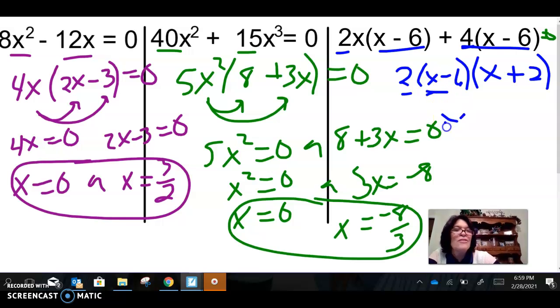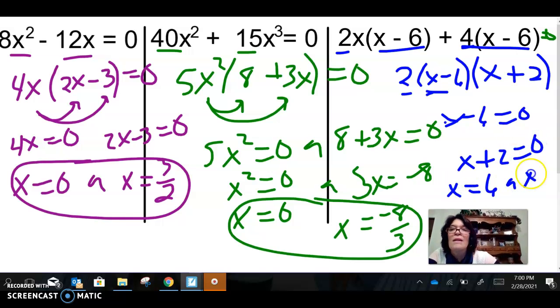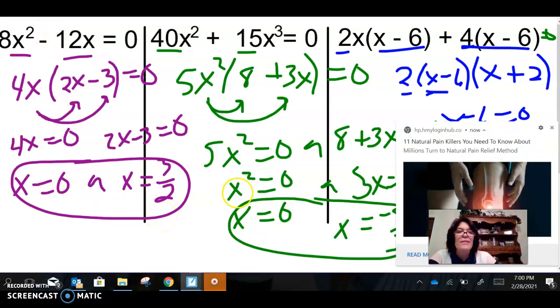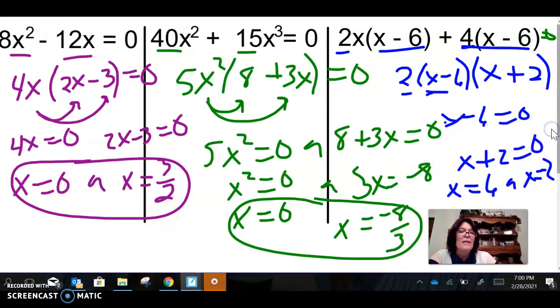No. So either x minus 6 equals 0 or x plus 2 equals 0. My two answers are 6 or -2. So for the first one, it was 0 or 3/2. The second one was 0 or -8/3. And the third one was 6 or -2.